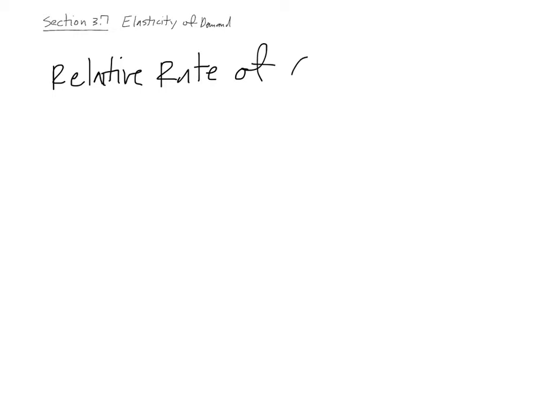Okay, so recall, basically in this class we've been dealing with change the entire time, but the absolute rate of change is just the change in the output.